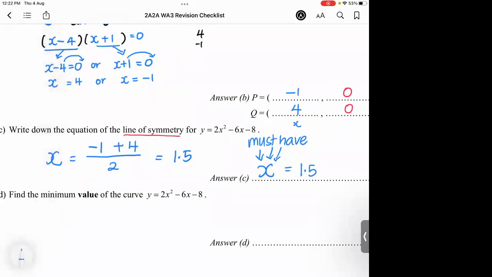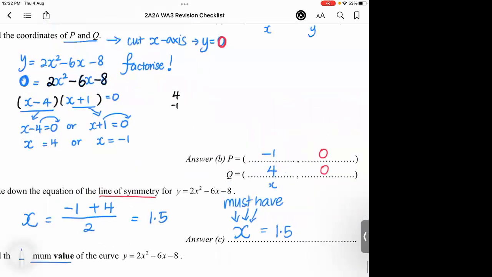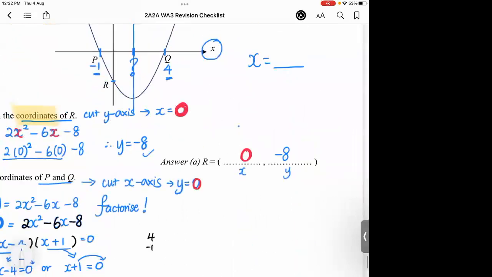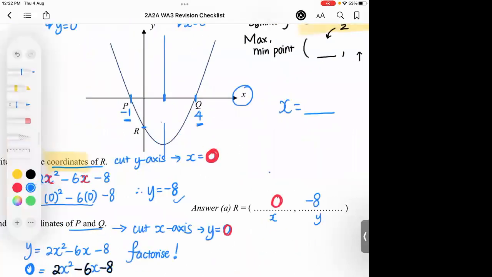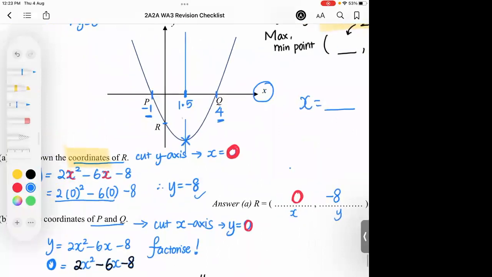Then next one, they want us to find the minimum value. What's the minimum value? Let's see. We found this answer here to be 1.5. I erase this a bit. We found this number here, 1.5. Minimum value means it's at the minimum point, right? At this point over here.